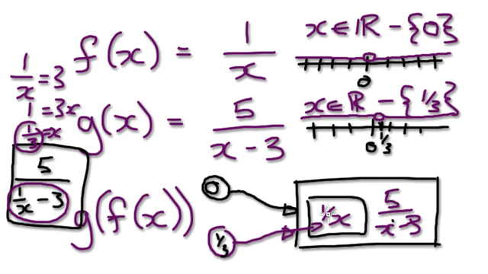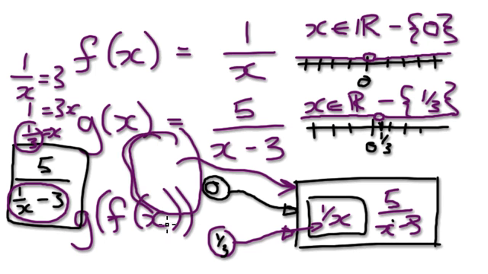So when you're searching for your domain, you're looking at what you can put into this machine. It can be anything on the real number line except for the number 0 and except for the number a third.